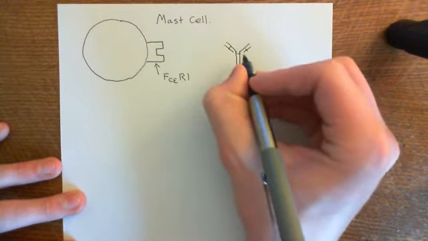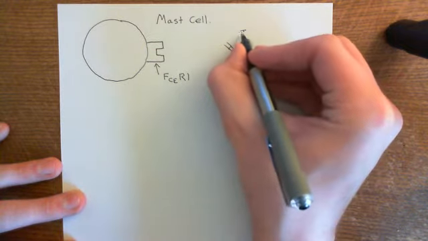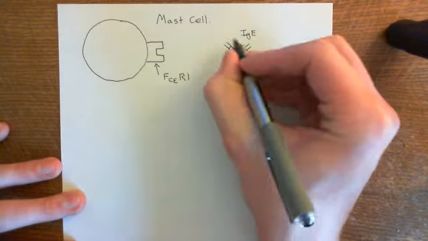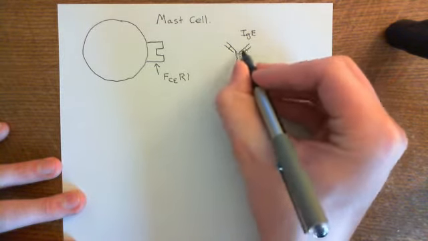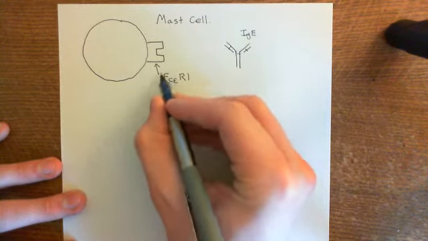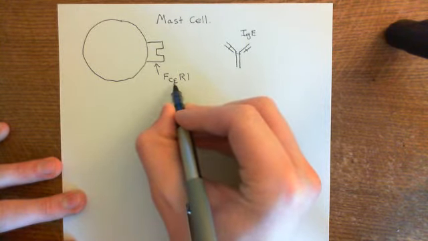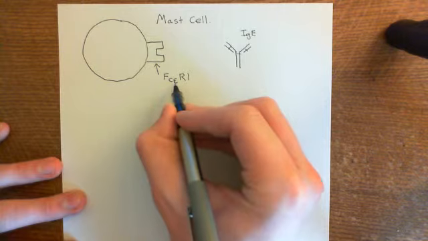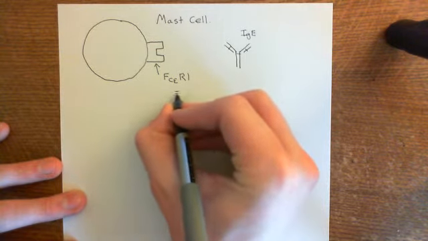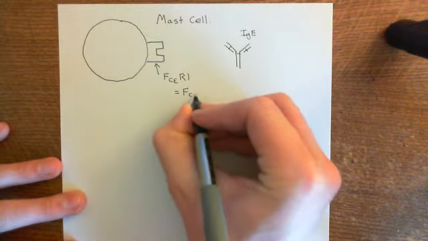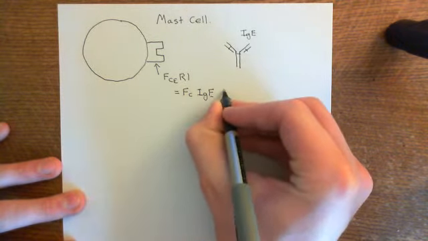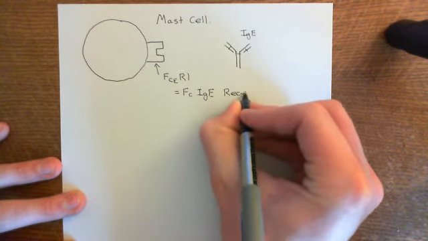We have produced IgE, so the constant region of our immunoglobulin heavy chains down here is going to be the constant epsilon region. So that's what this means: the fragment crystallizable that corresponds to the constant epsilon exon. And then it's the receptor 1. So this is the fragment crystallizable of IgE, receptor 1.